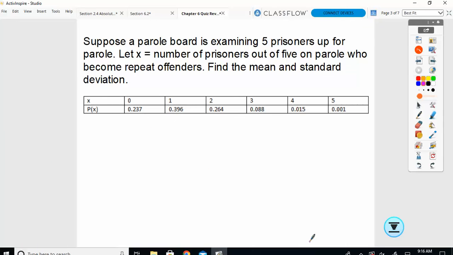I just wanted to also refresh how to find the mean and standard deviation on your calculator. So I have this one. What did we do here? So we go to Stat, Edit. You want to list your x's in L1 and your probabilities in L2.